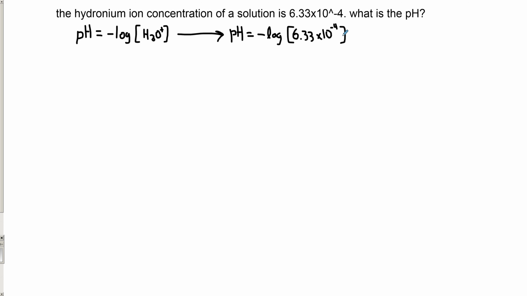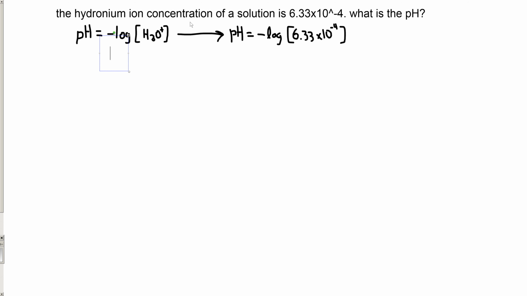So I just have to get my calculator out. Negative log 6.33 times 10 to the minus 4. And I get a number with a lot of decimals. It's not round at all. We have 3.19859629.